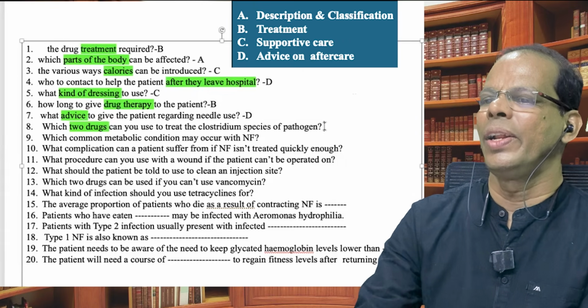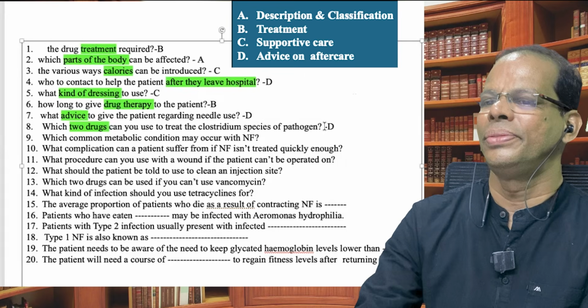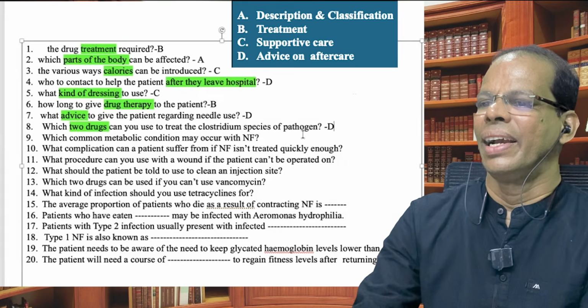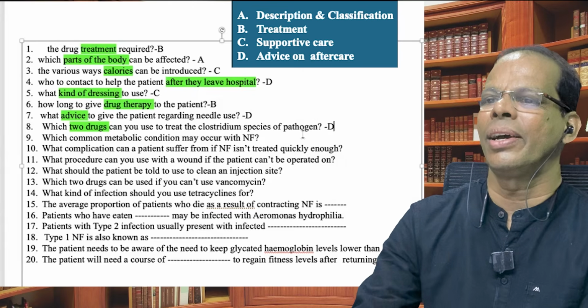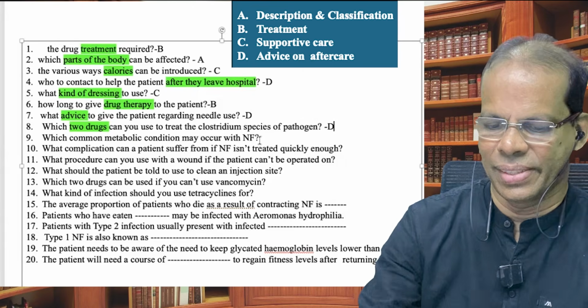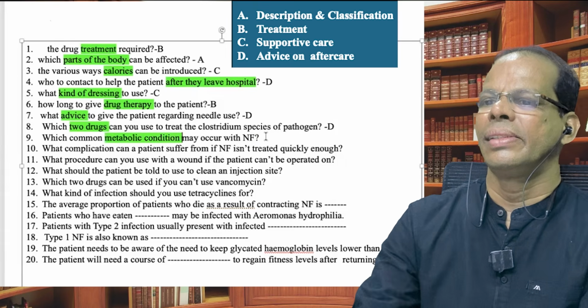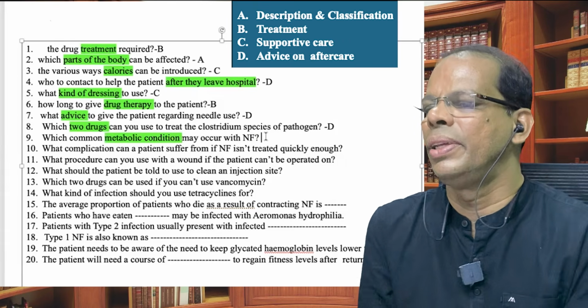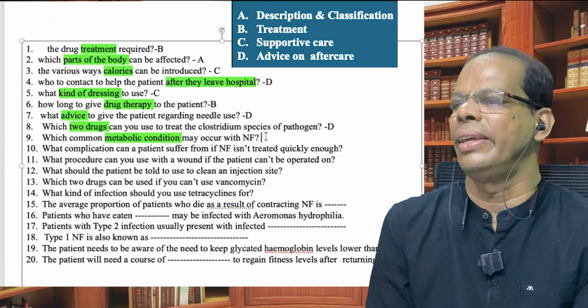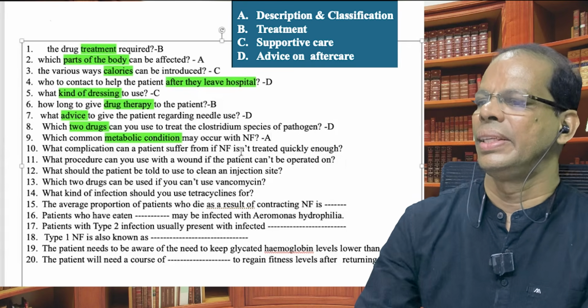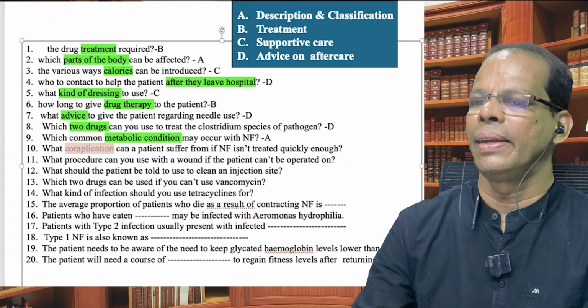Which common metabolic condition may occur with NF? Metabolic condition. Condition, the class, where it comes? Yeah, yes. Then, what complication can a patient suffer from if NF isn't treated quickly enough? A. Then, 11th question.